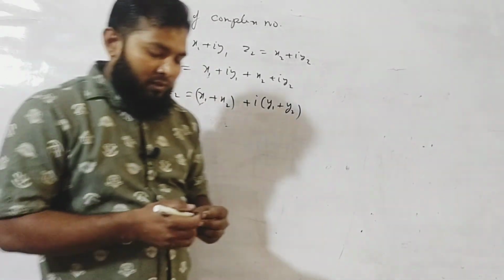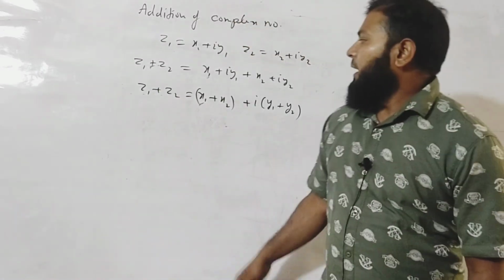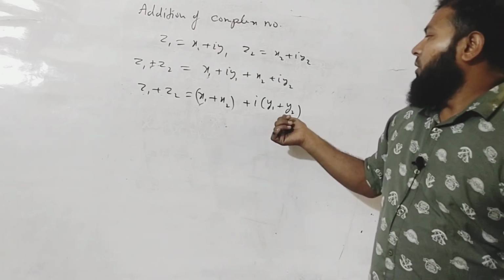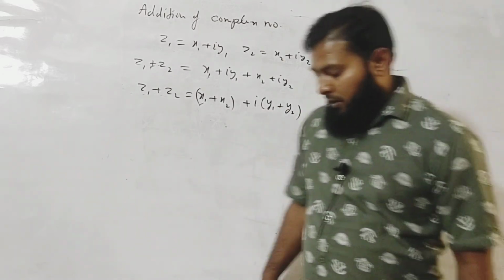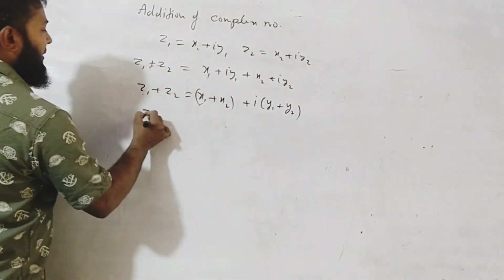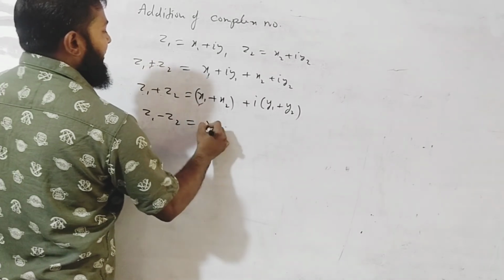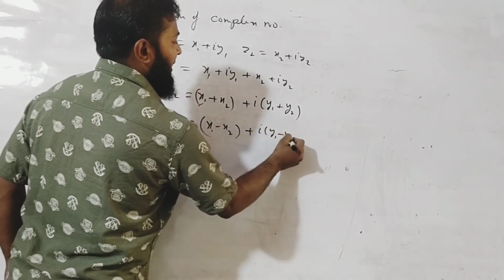It means whenever we add two complex numbers, the real part is added to the real part and the imaginary part is added to the imaginary part. Similarly, subtraction is also the same: z1 minus z2 means (x1 minus x2) plus i(y1 minus y2).